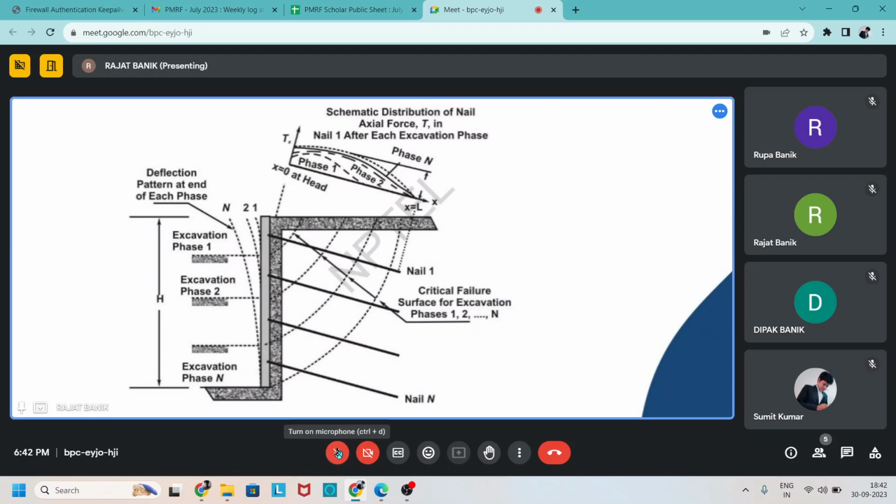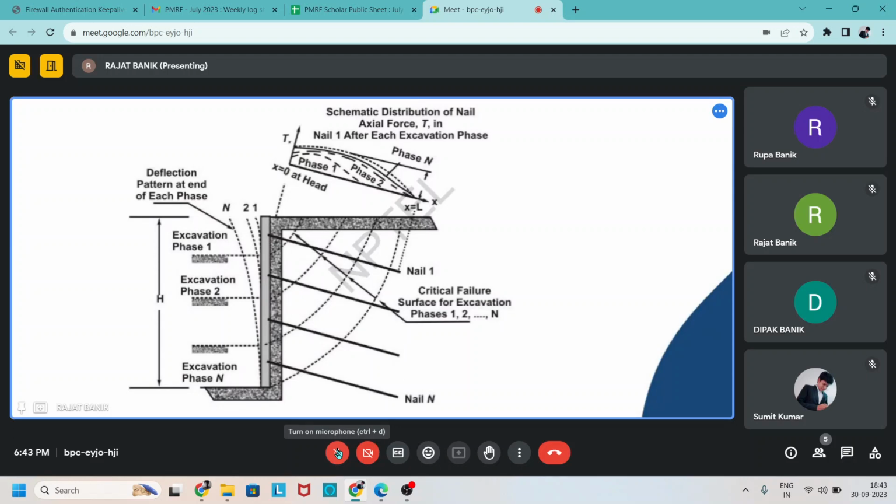Nail 2 and nail 1 are also like that. There is also a failure surface drawn for nail 1, nail 2, and like that nail n. This is called the critical failure surface for every excavation phase.